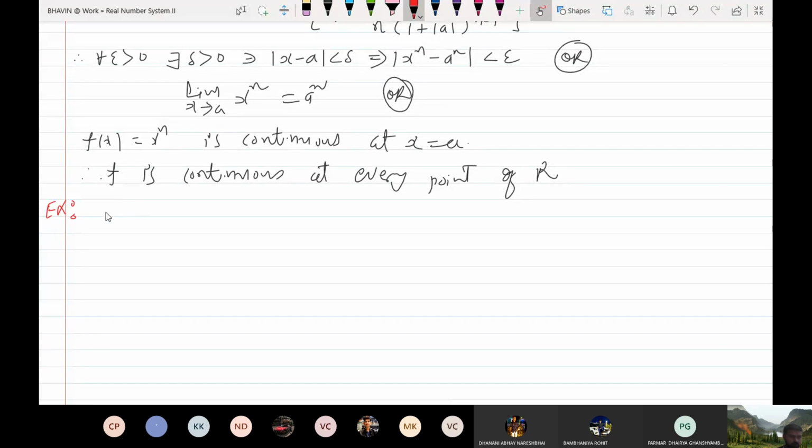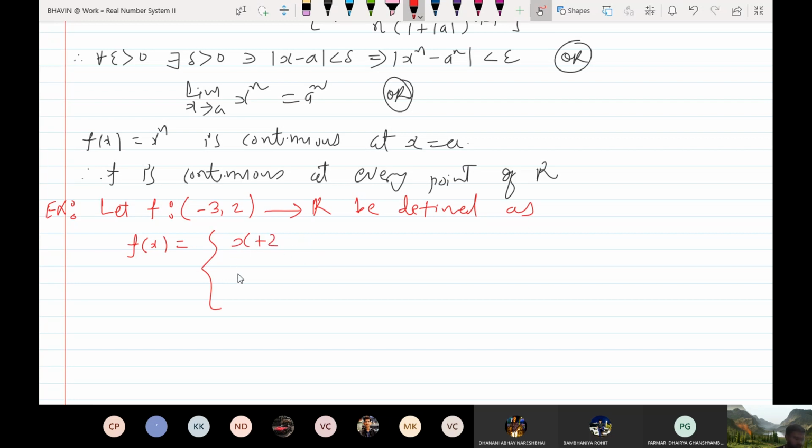Let's do this example. f is a function from the open interval (minus 3, 2) to R defined as f(x) equal to x plus 2 for minus 3 less than x less than minus 2, minus x minus 2 for minus 2 less than or equal to x less than 1, and x plus 2 for 1 less than or equal to x less than 2. Discuss the continuity of f.